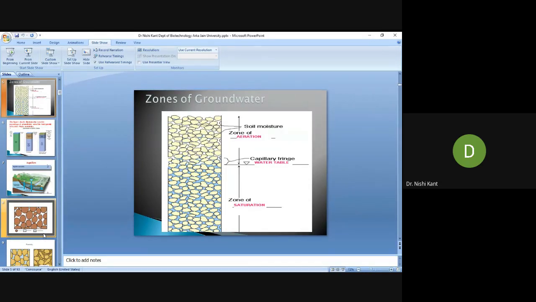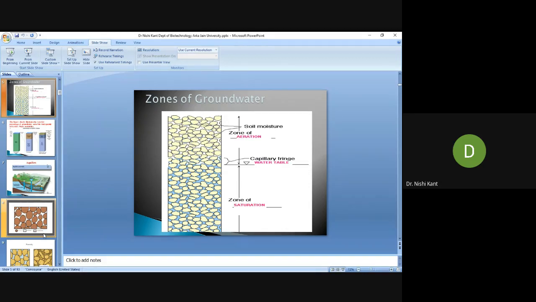Now, these are the zones of groundwater, the occurrence of the groundwater. Groundwater occurs in many different geological formations. Nearly all rocks in the upper part of the earth crust, whatever their type, origin, or age, possess openings called pores or voids.